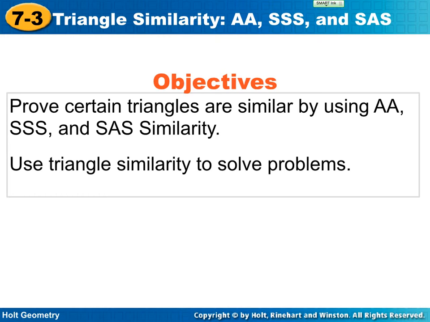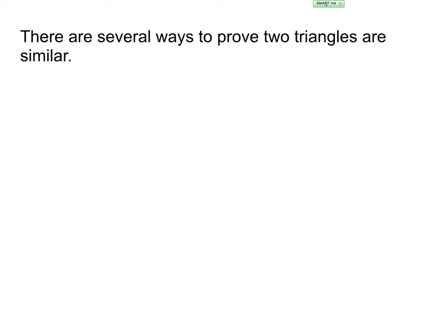That's what angle-angle covers. You don't even have to worry about side legs. Hypotenuse-leg was a special relationship for the right triangles. The only way that would work here is if you have one of those acute angles also. So we really don't have a hypotenuse-leg for similarity. You need to know a little bit more about them.